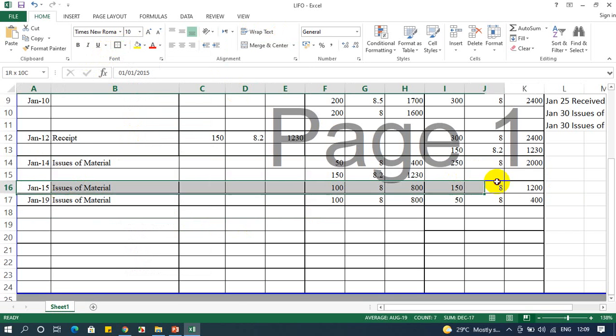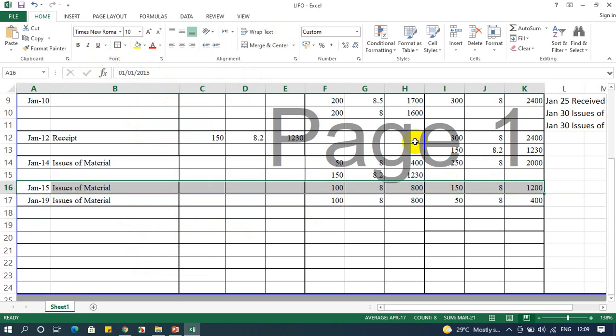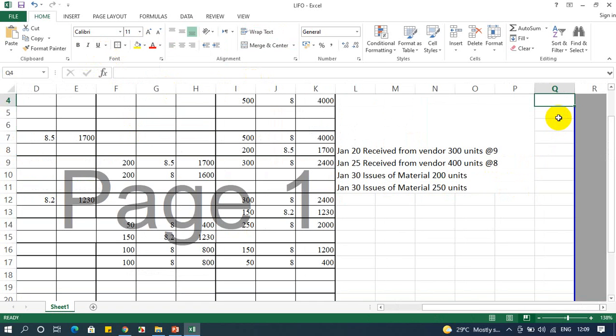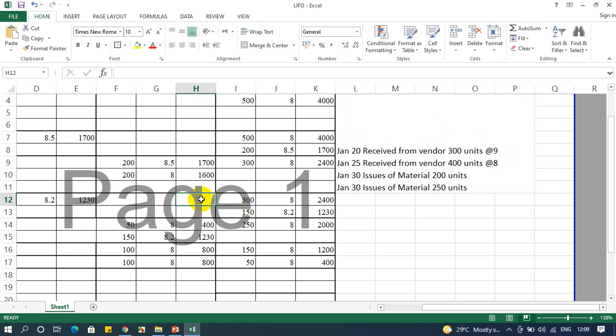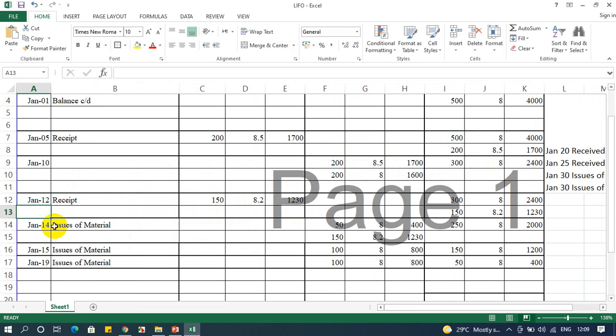And then again we receive from the vendor, 300 units. So write on January 20. Here writing January 20 we receive from the vendor, right?